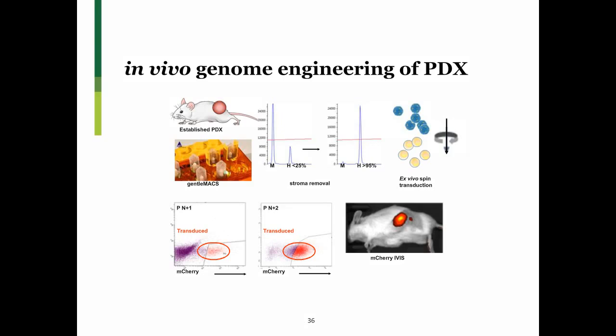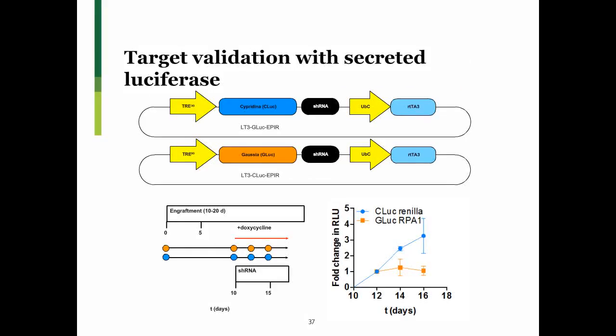We could do this, and we started to think about what other approaches we might be able to use this technology for. One approach has been thinking about how we'd like to use this for target validation.